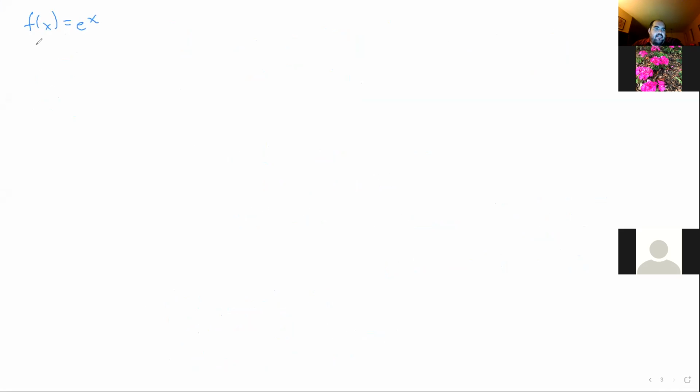I want to find the integral of f of x dx, let's say from 0 to 4. Pick a method. Which method do we want to use? Left hand? Yeah, let's do the left-hand approach.